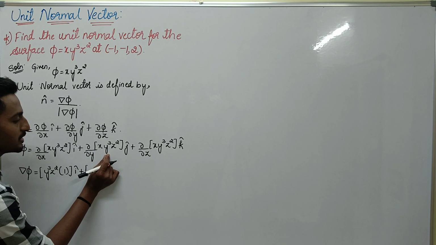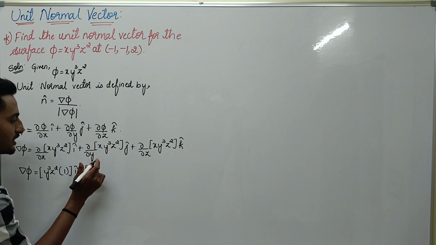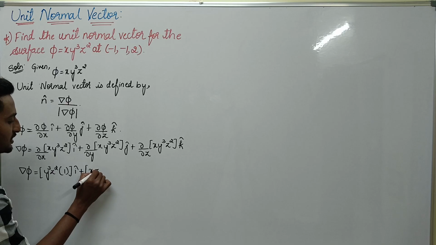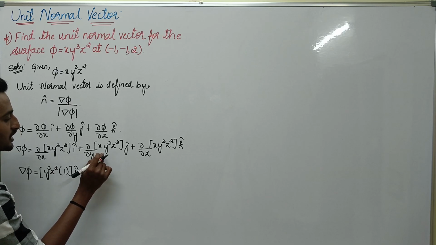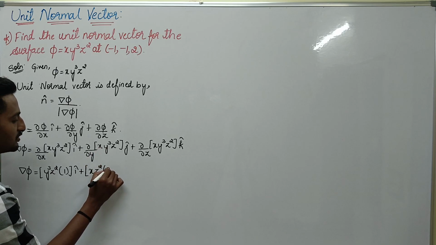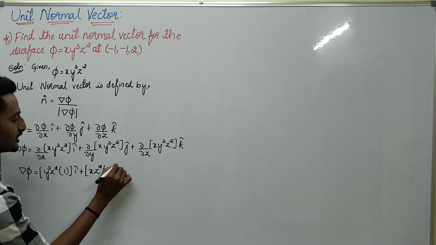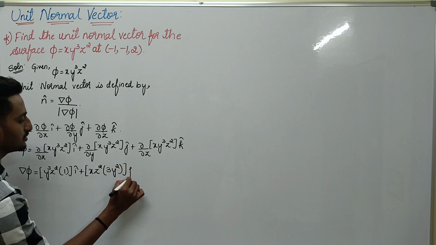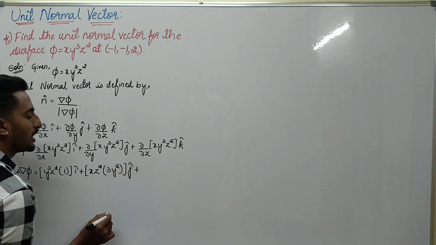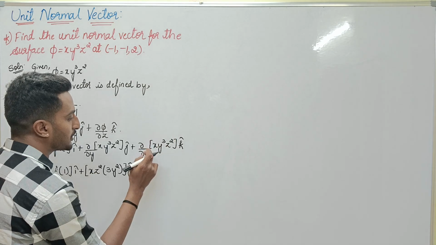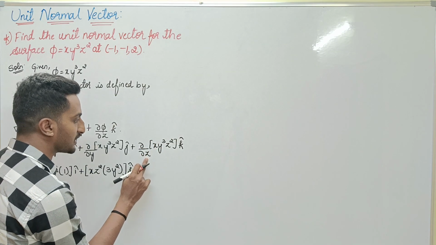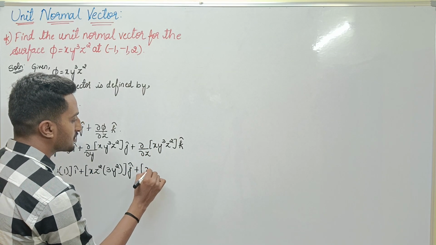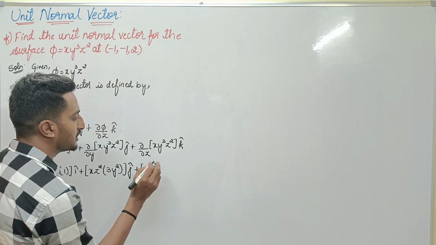We have y cube, x and z square remain constant. Differentiation of y cube, we have 3y square into j cap plus I am going to differentiate the whole term with respect to z. That means x y cube remains constant.